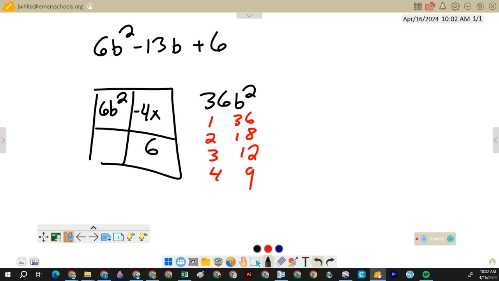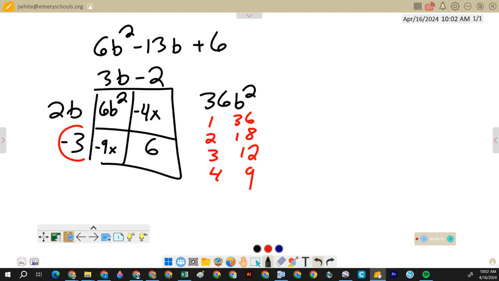Negative 4b and negative 9b. What does the top row share? A 2, or a 2b. If we pull out a 2b, we get 3b minus 2. And if I pull a 3b out of the left side, then I get a minus 3.